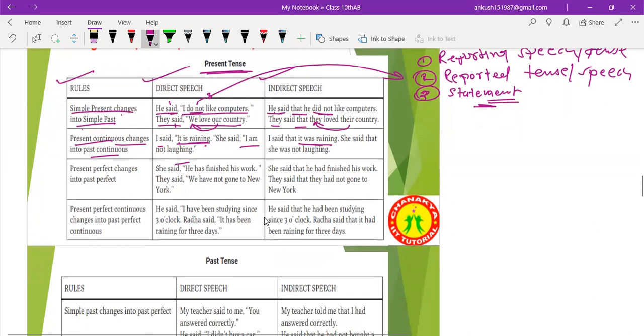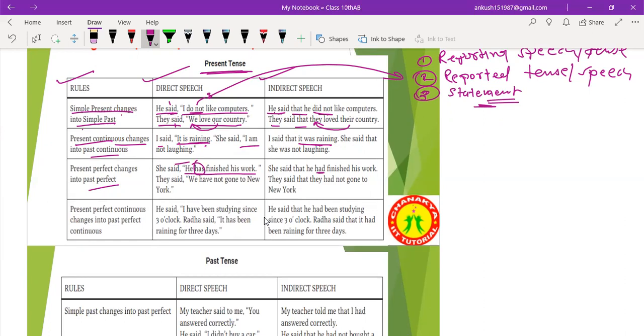Present perfect into past perfect. It is also very easy. Suppose, within inverted commas, the sentence is written in present perfect tense. So definitely only the helping verb would change. How? Here, see. What is the difference between these two sentences? Only the inverted commas are removed and the connector is used.